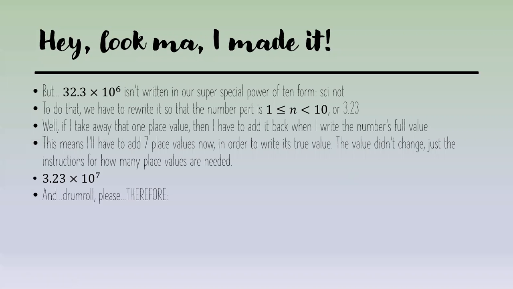So let's bring it all around. The original expression, 2 and 75 hundredths times 10 to the 7th plus 4 and 8 tenths times 10 to the 6th equals 3 and 23 hundredths times 10 to the 7th.